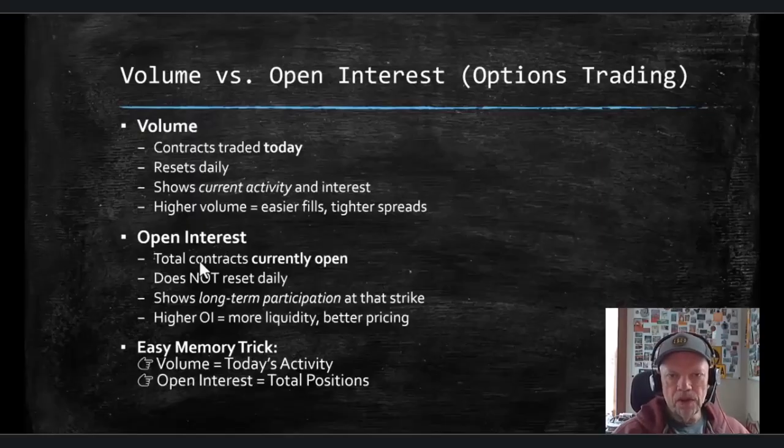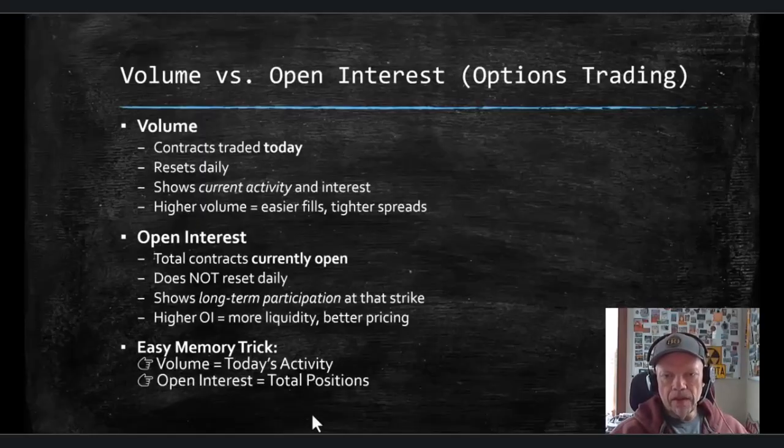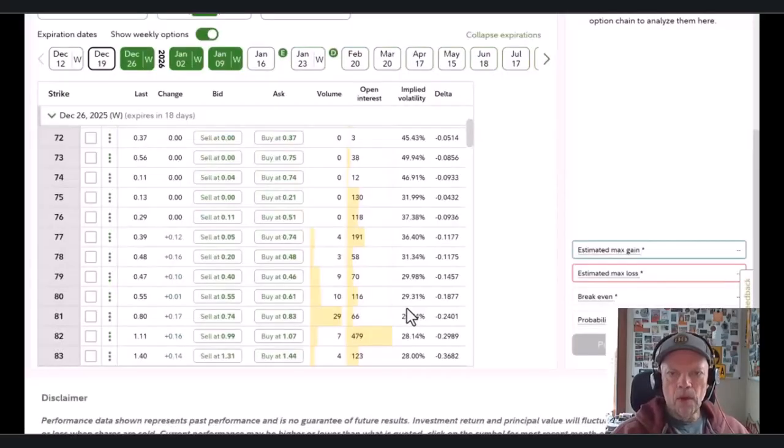The open interest is total contracts currently open, so that does not reset daily. It shows long-term participation, and the higher the open interest, the more liquidity, better pricing. So volume today, open interest total. Another way to keep track of that is the lower numbers, the daily activity, the larger numbers, the total. Kind of makes sense. Okay, so let's get back to that.